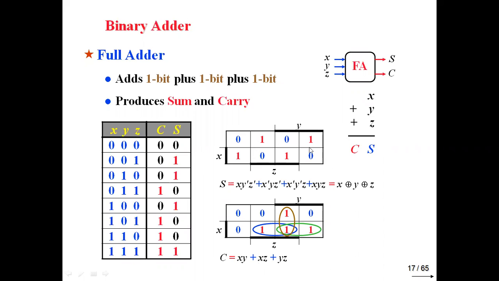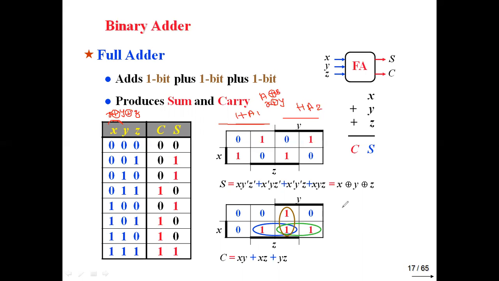Or if we consider this as a half adder circuit similar to the previous one, I can assume this as half adder 1 and this as half adder 2. You know what is the result of half adder 1? A XOR B, which we already discussed, or X XOR Y. The result is again XORed with the third bit, Z. So X XOR Y, the result XORed with Z, that is the sum.